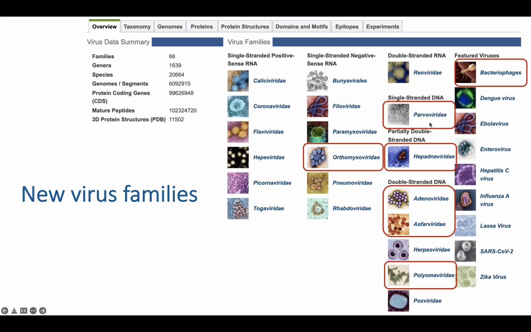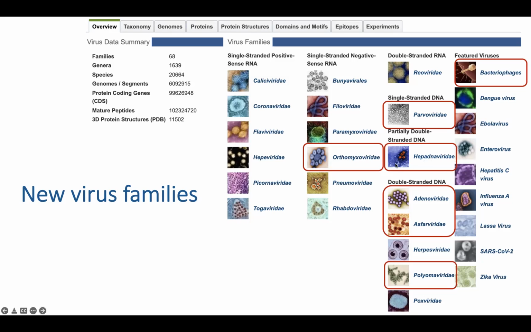And we have added a few new virus families. For example, the parvovirus family, which is a single-stranded DNA family and causes a lot of problems in both humans and animals. For those of you interested in hepatitis B virus work, we've added the Hepadnaviridae family.